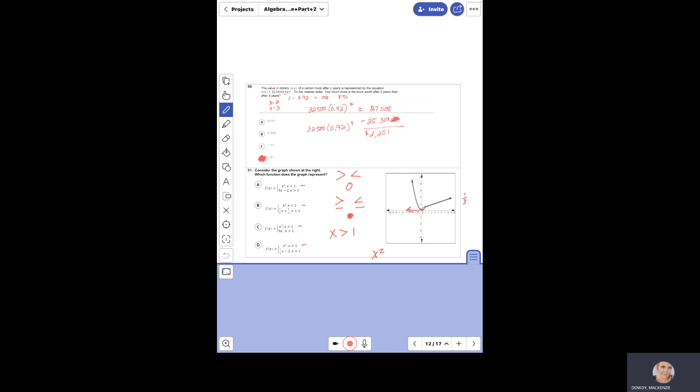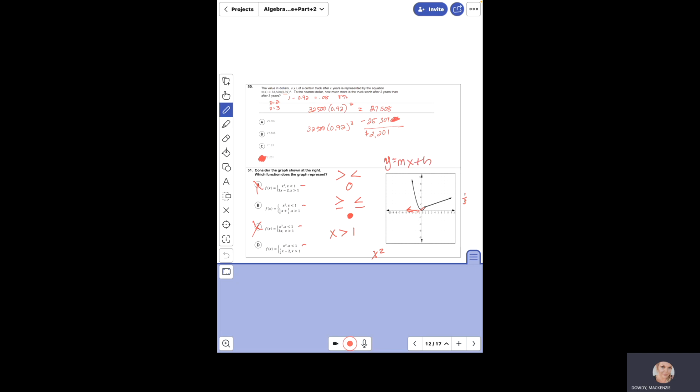So look at our answer choices over here. Okay, we know it's not going to be A or C because we said our slope is 1 over 3. And then we said our y-intercept, if we had extended that, it would be between 0 and 1, which would be a fraction. I'm talking about y equals mx plus b.